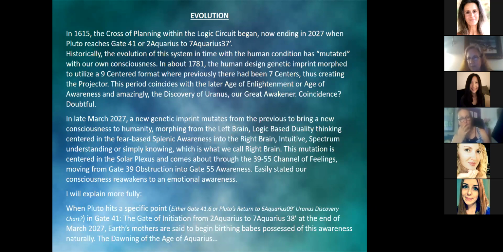I think it's meant to be together. That's why it came. That Uranus is our great awakener, and that's why we graduate that way. So due in late March, moving to the gate 41, the gate of initiation, line 6 being the transition line. It also pretty much lines up with the discovery chart of Uranus.